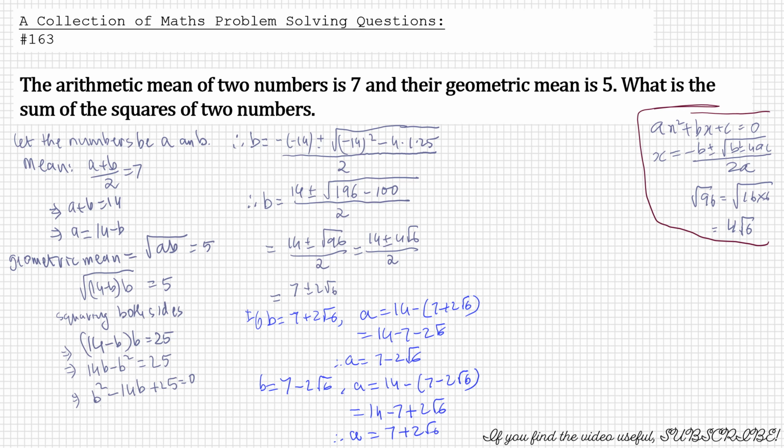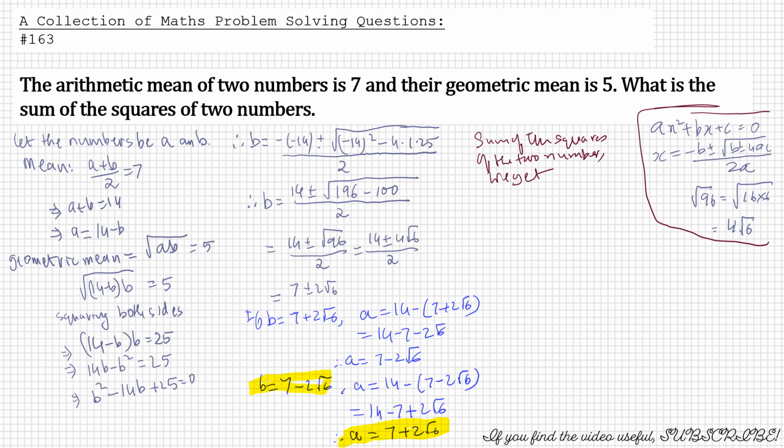If we take the sum of the squares of the two numbers, the numbers are, finally, let's stick with this, a equals 7 plus 2 root 6 and b equals 7 minus 2 root 6.